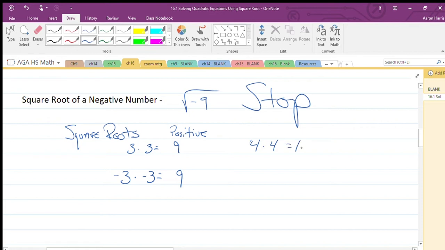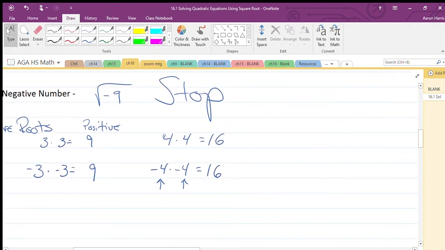No, it never will. But remember, even if I do a negative, it's the same number. I can't change it. So it has to be exactly the same. So -4 times -4 is still a what? Positive 16.